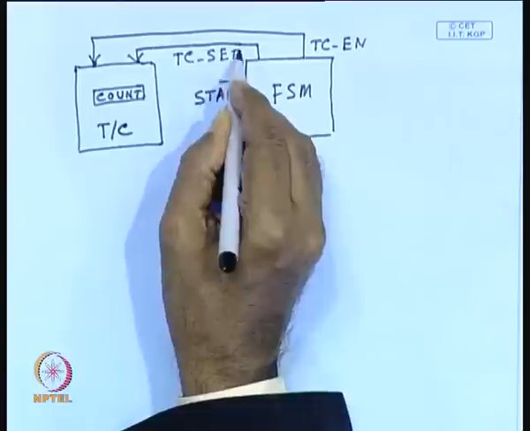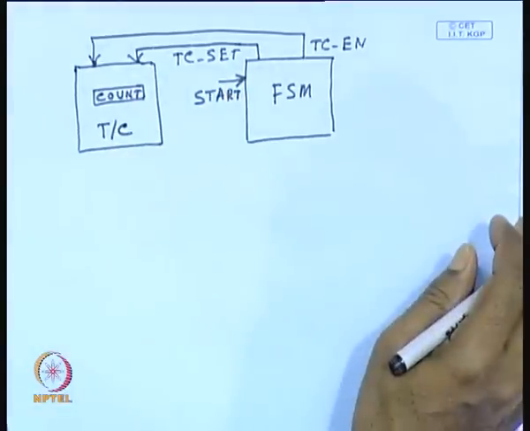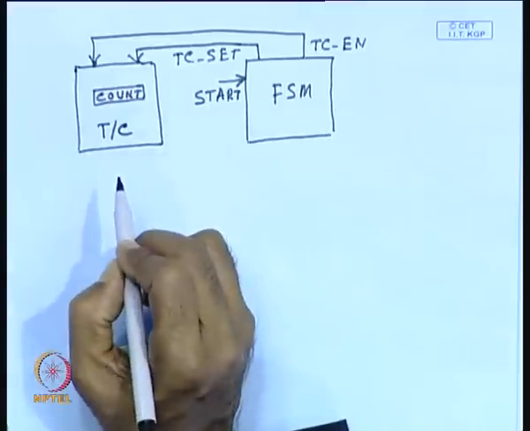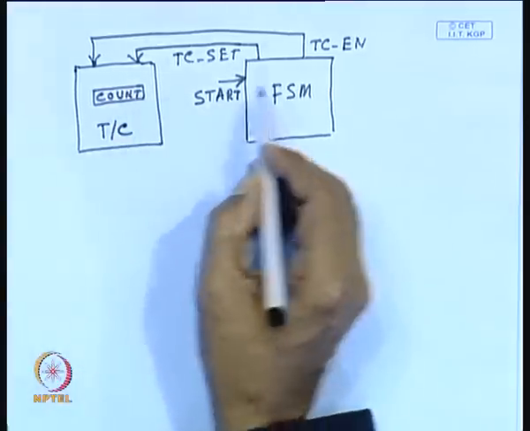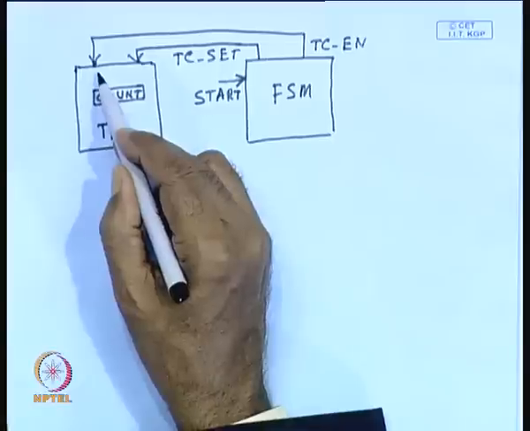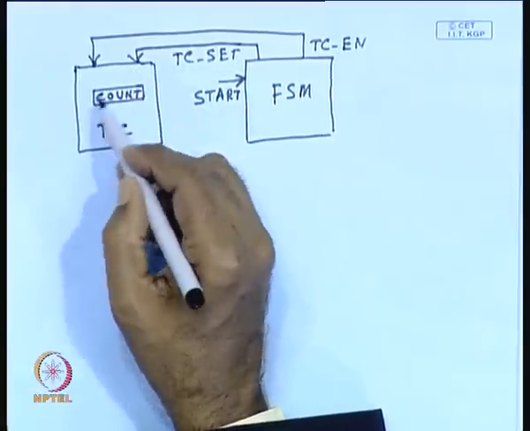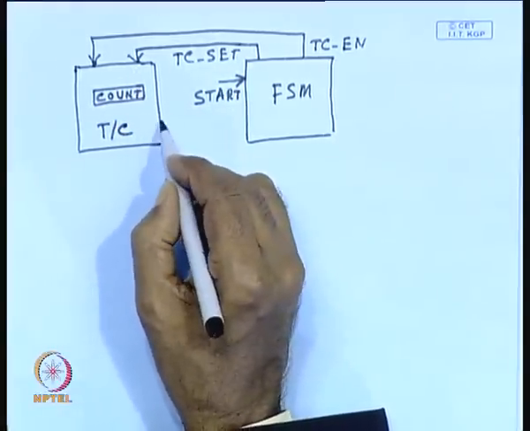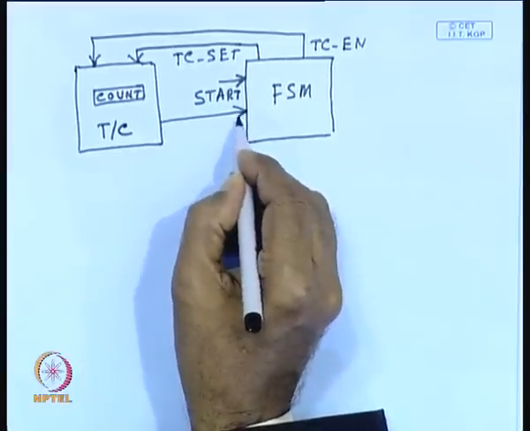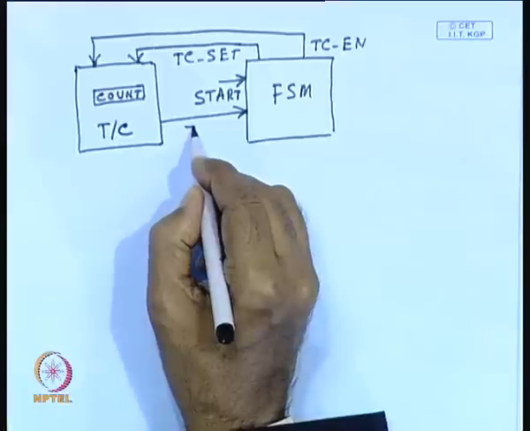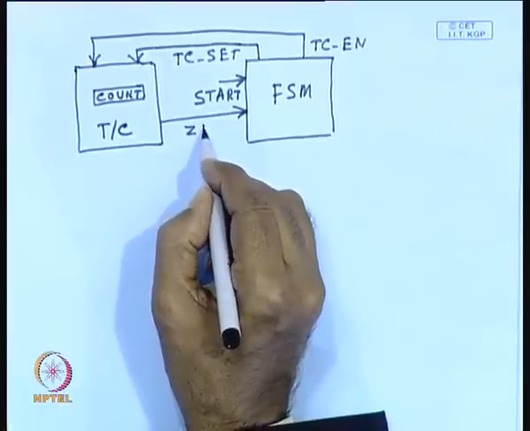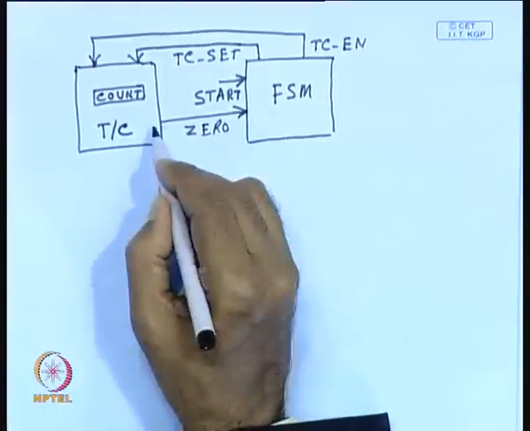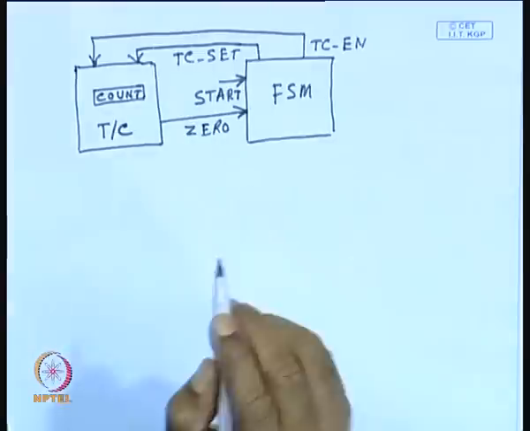TC set means timer counter set, this count value can be set. After this timer counter is enabled and TC is set, it will count down the value and it will generate an output when this countdown becomes 0. So, that is why it identifies a 0 condition, and that 0 is applied to this finite state machine.